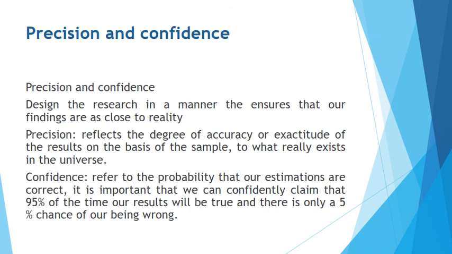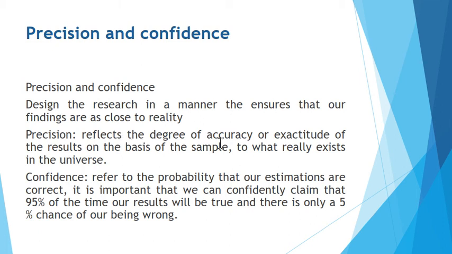The next is precision and confidence. Design the research in a manner that ensures that our findings are as close to reality as possible. First, we are going to discuss precision. What is precision?